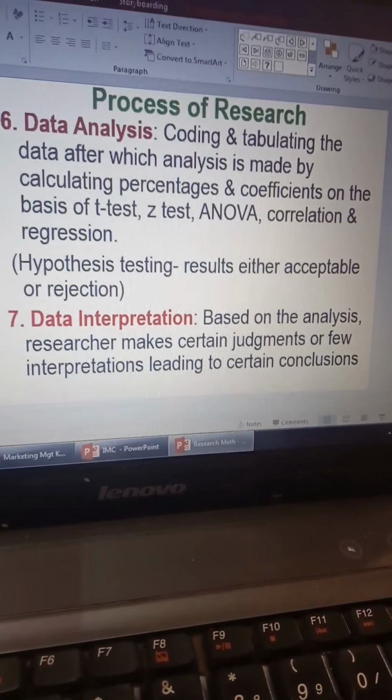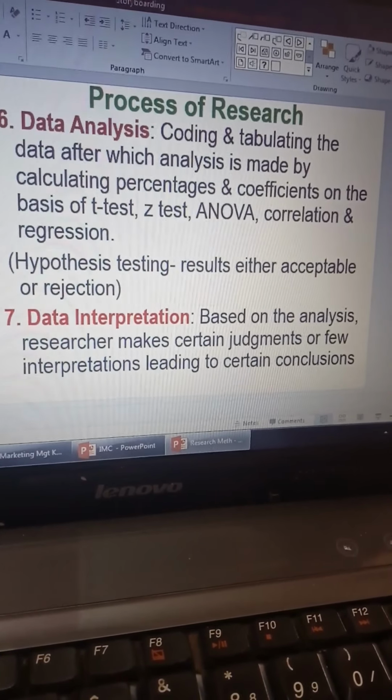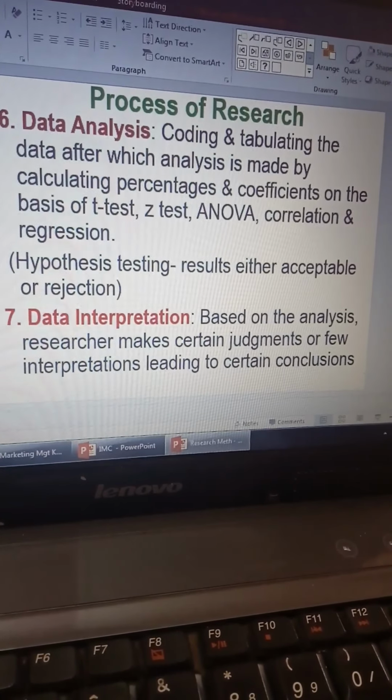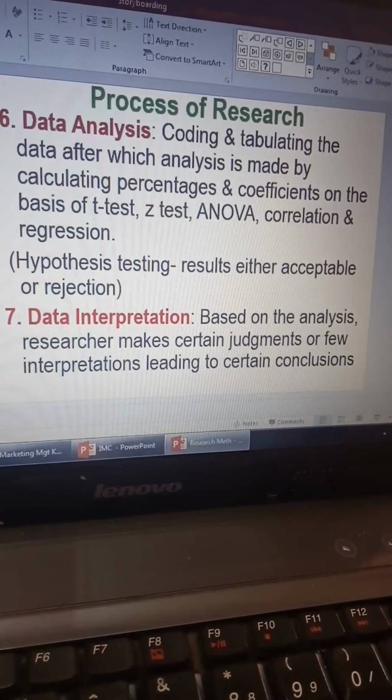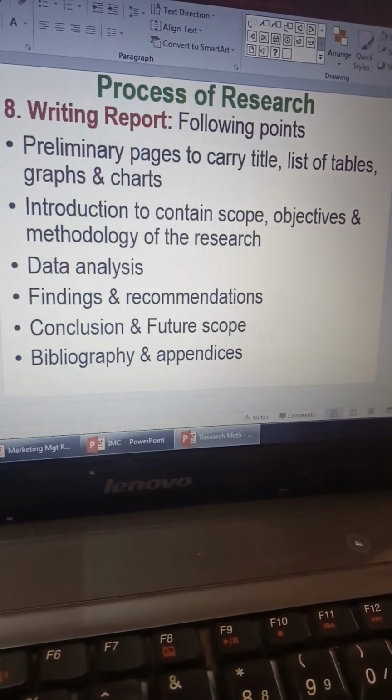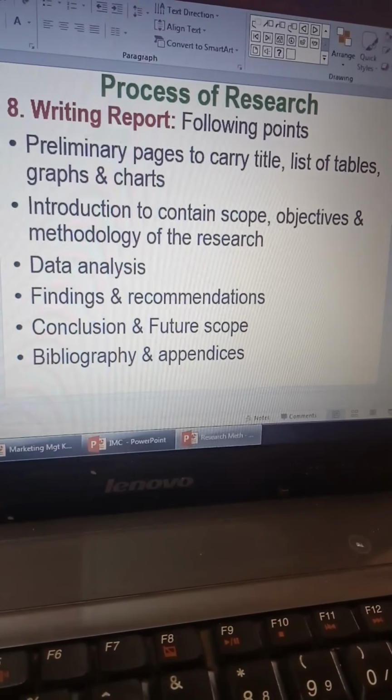And after the data analysis, the researcher will make certain judgments or some interpretations which will lead to certain conclusions. And the last step of the process of research is to write a research report. That is very important.